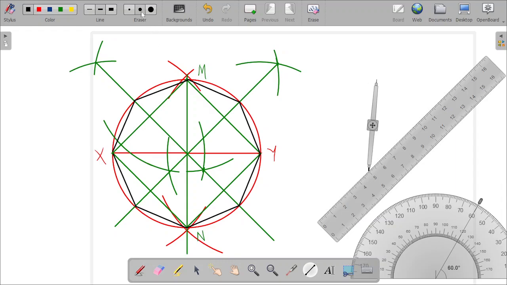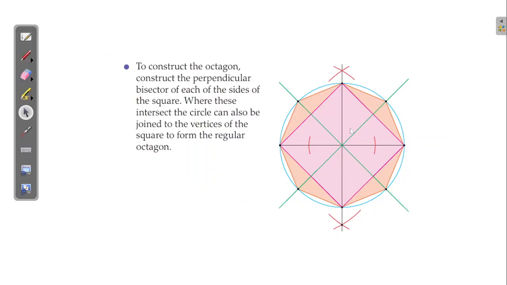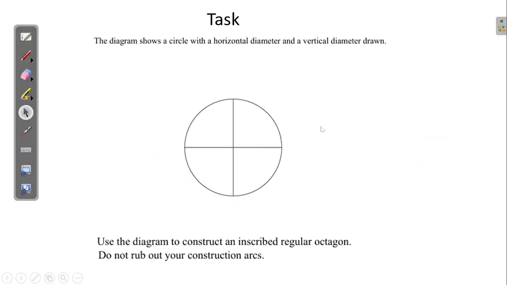You don't erase. This is just the work. So now that's the end. This lesson is basically for the checkpoint mathematics.